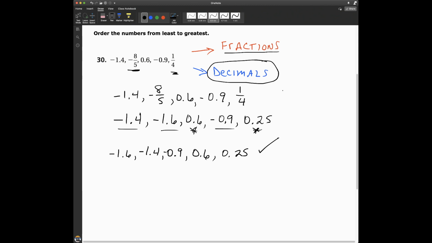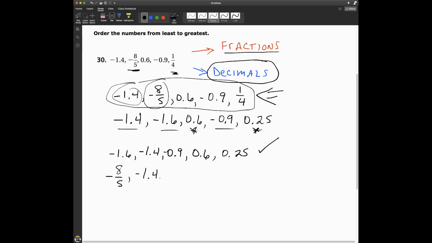All right, so we got to this step, and we're not done yet. We're not done because these are the values that we started with. So we need to finish our problem by putting these numbers in the correct order. Negative 1.6, well, that was negative 8/5, so that comes first. Negative 1.4 was just negative 1.4.